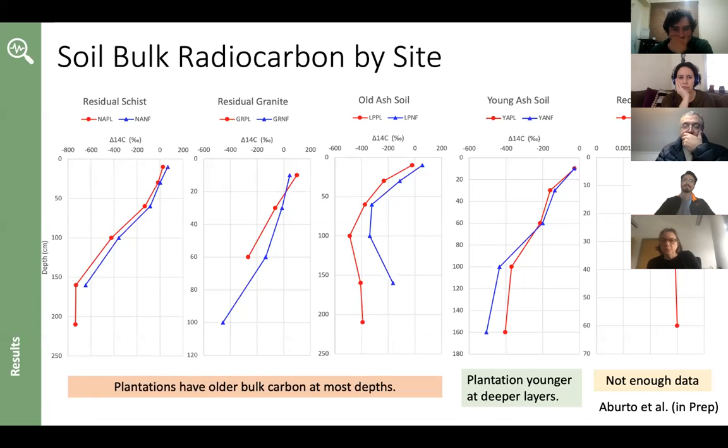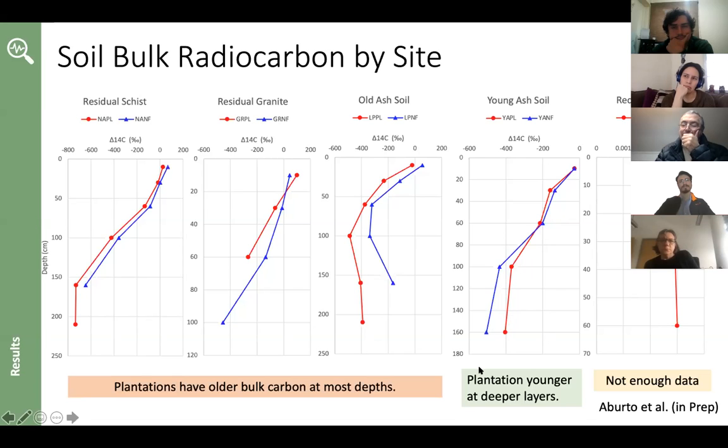It's important to notice this change happened in a very short time frame. Seeing that these are a maximum of second rotation plantations, the shift in radiocarbon is quite significant in these three sites. In the young ash, we don't see much of a difference at the surface, but they start deviating in the opposite direction from the other sites, where the plantations have younger carbon at deeper layers.